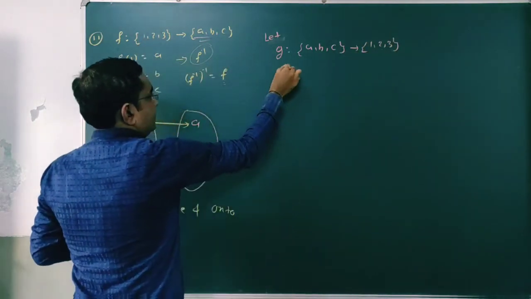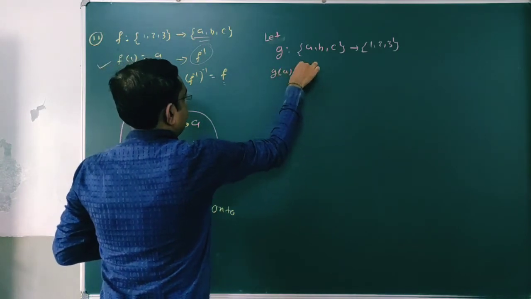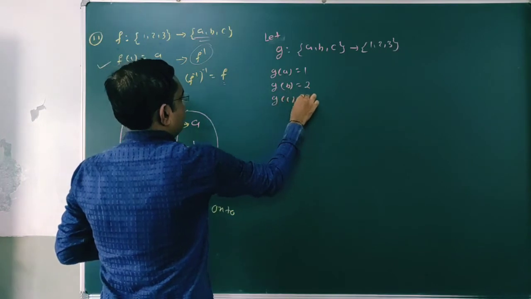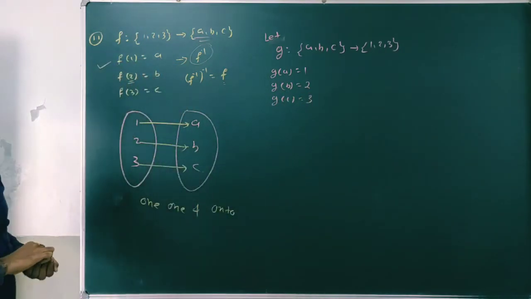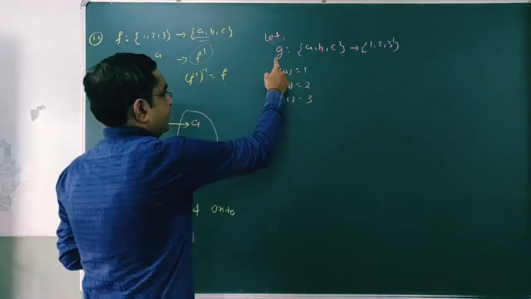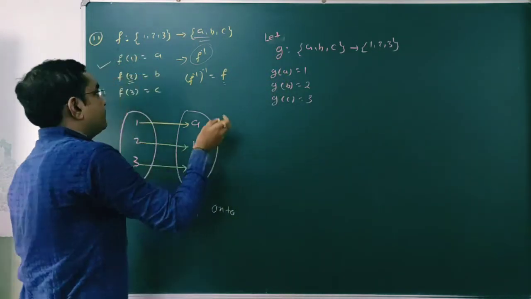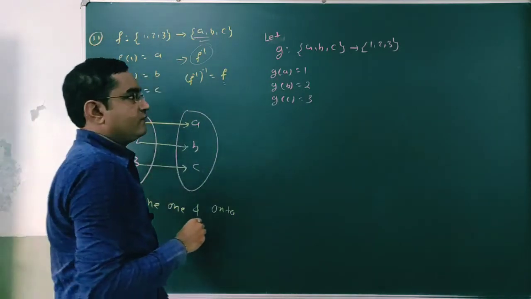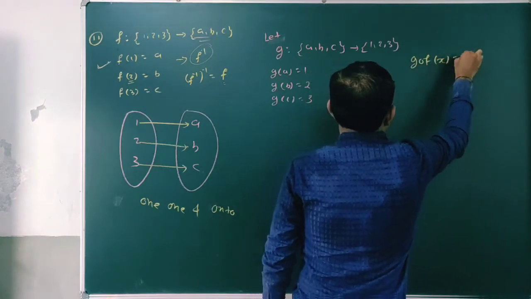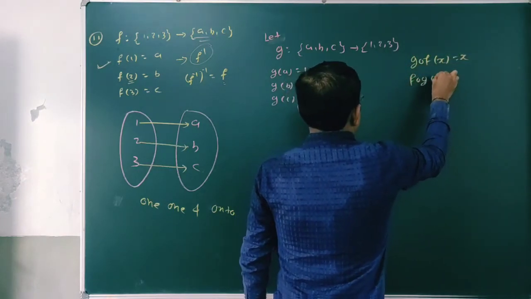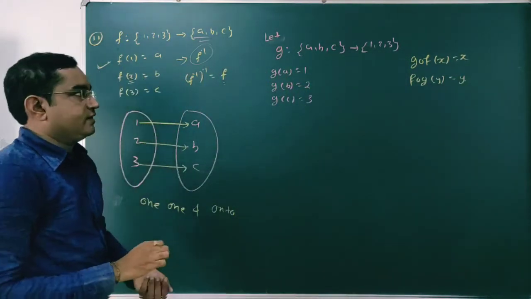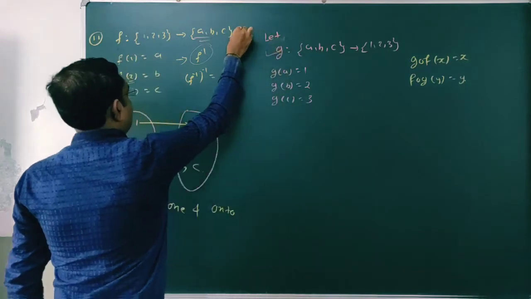Let's say this function is g of A equal to 1, g of B equal to 2 and g of C equal to 3. This is one function g. And this g is said to be an inverse of function f if two conditions are fulfilled: gof of x equal to x and fog of y equal to y. If these two conditions are fulfilled, we can say this g is nothing but the inverse of the function f.